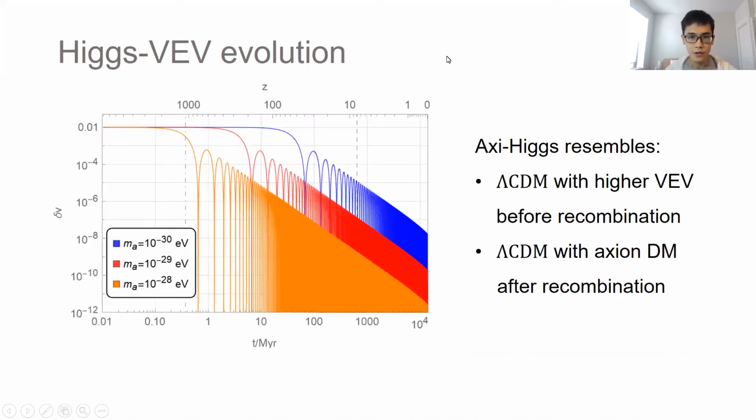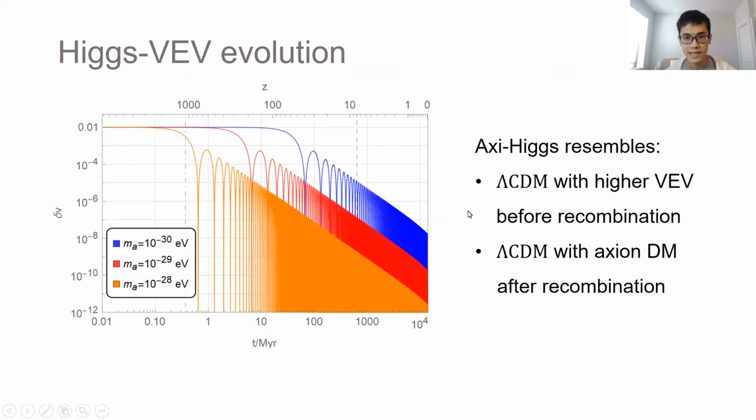To demonstrate how our model works, here I have the deviation of the Higgs vev as a function of time. At first, it stays constant because the axion field stays constant. Then at some point after recombination, it starts to dilute and oscillate rapidly.